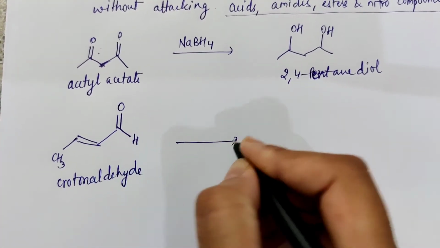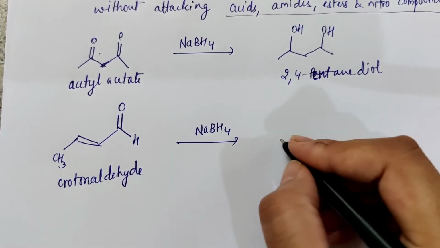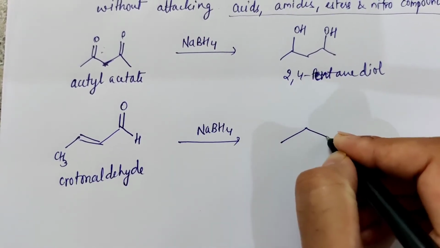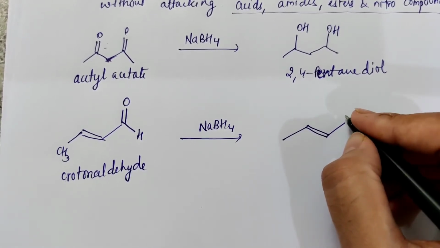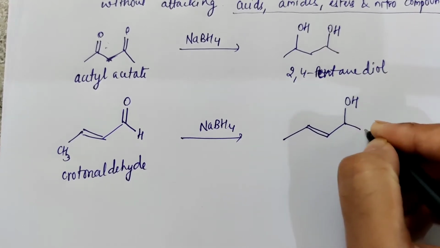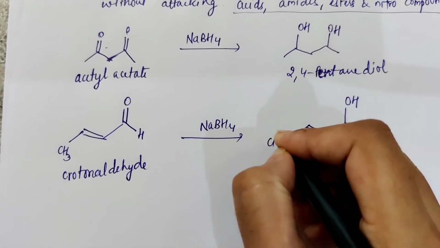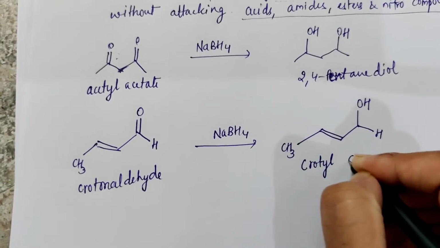This compound on reacting with NaBH4, again there is no effect on the double bond of the alkene functional group, but the aldehyde will get converted to alcohol. So this will be the product and the name will be crotyl alcohol.